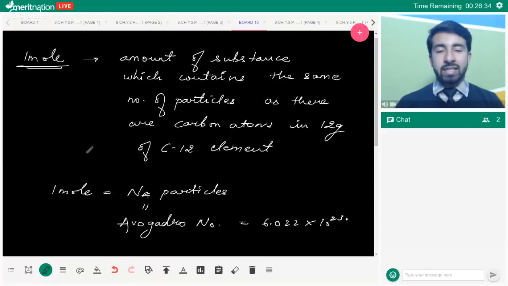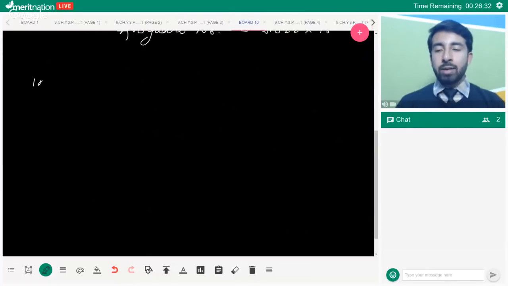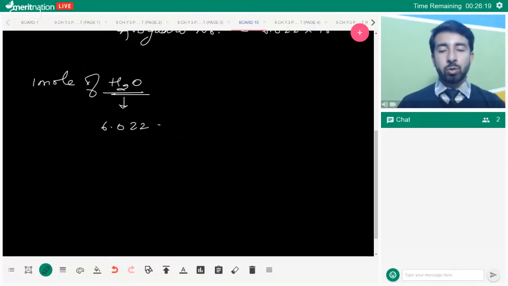Now, if I say that we have 1 mole of water, then we all know that water is a compound and it contains water molecules. Then this 1 mole of water will contain 6.022 into 10 raised to the power 23 molecules of water.